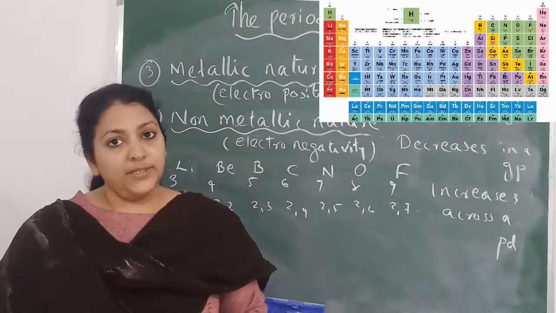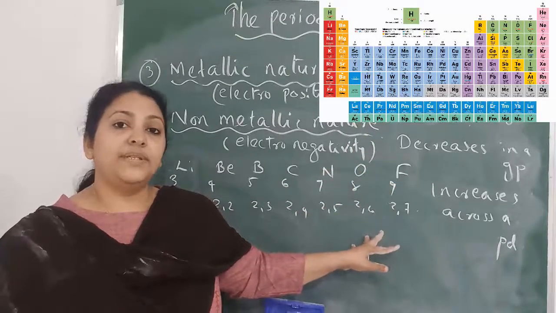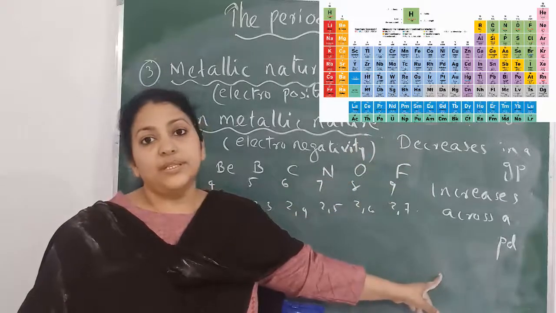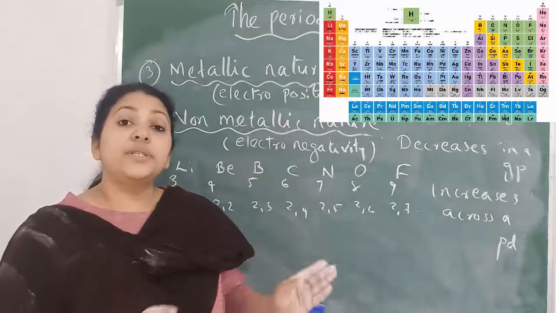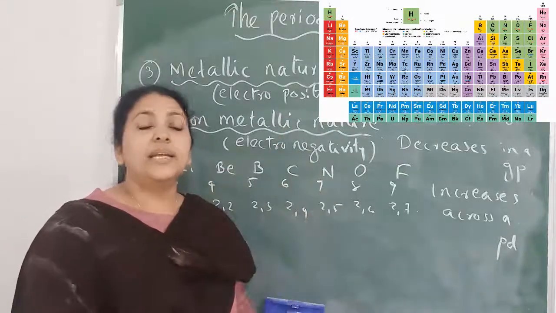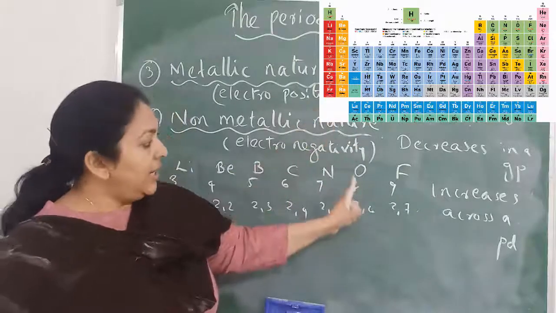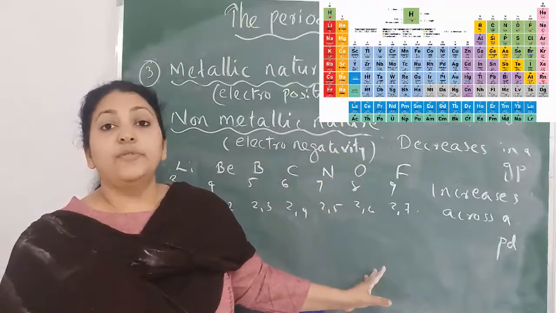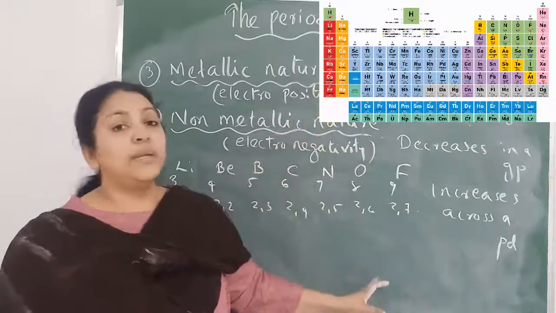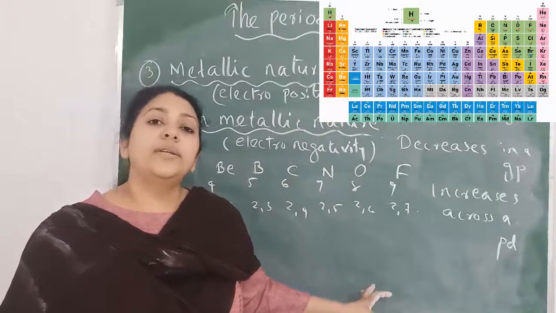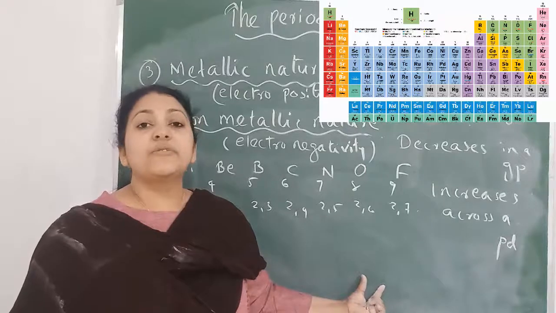We know that the most electropositive atom is francium, isn't it? So the extreme left side is more metallic in nature. So the first group elements are more metallic than any other elements, isn't it? And in that first group, if we move from top to bottom, the metallic nature increases. So the most electropositive atom is francium.